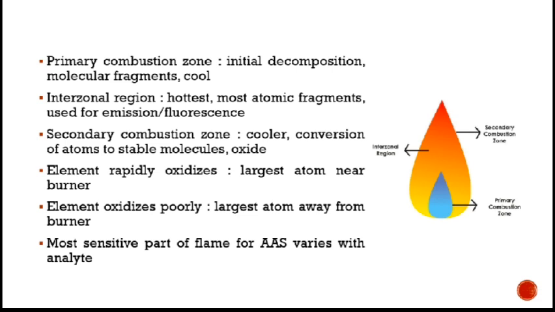The secondary combustion zone is cooler. Conversion of atoms to stable molecules occurs here. An element that oxidizes rapidly is largest near the burner, and an element that oxidizes poorly is largest away from the burner. The most sensitive part of the flame for AAS varies with the analyte.